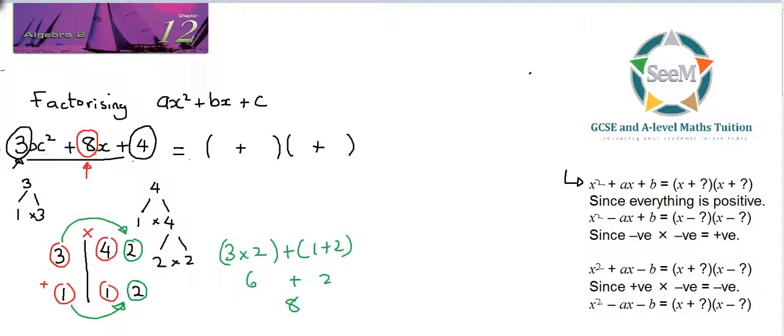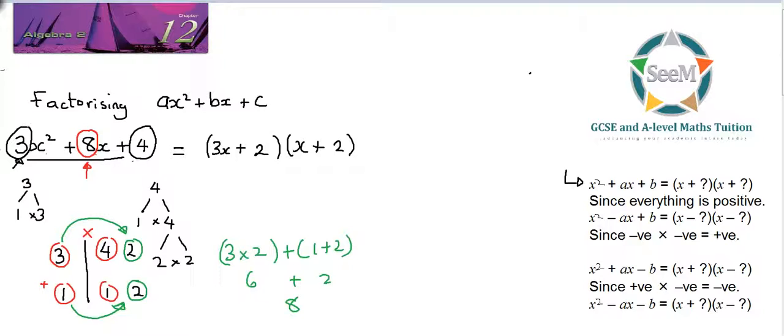So therefore, we know that what needs to go in this bracket is 3x plus 2 and then x plus 2, because we said if we multiply 3 times x plus 3x times 2 and then we add it to that, it should give us the same expression.